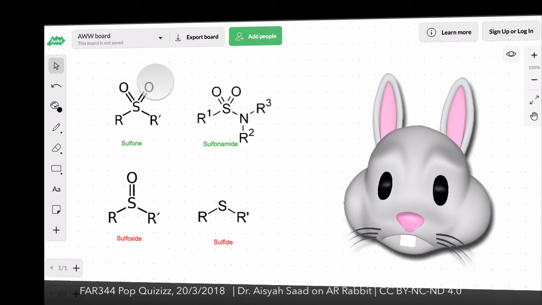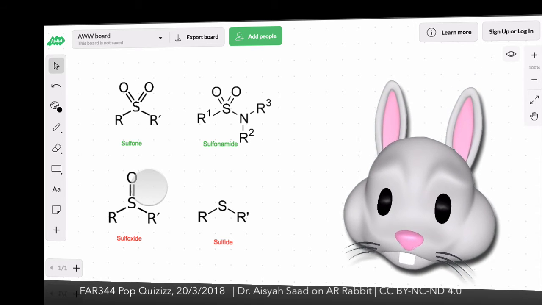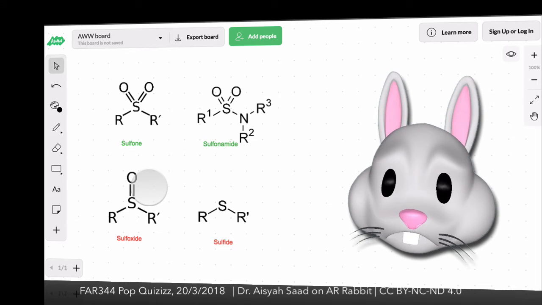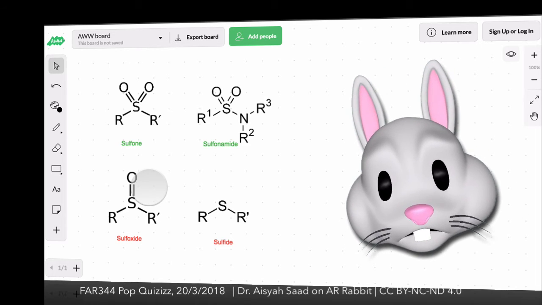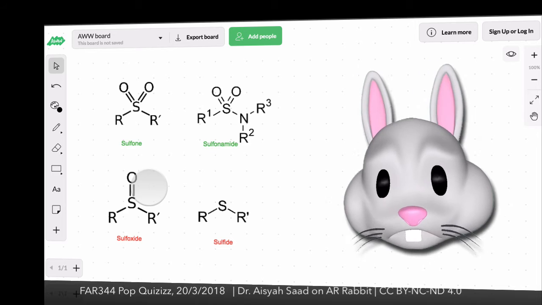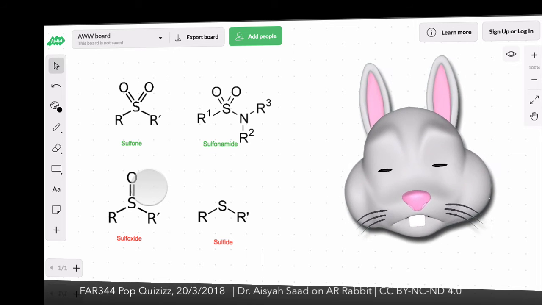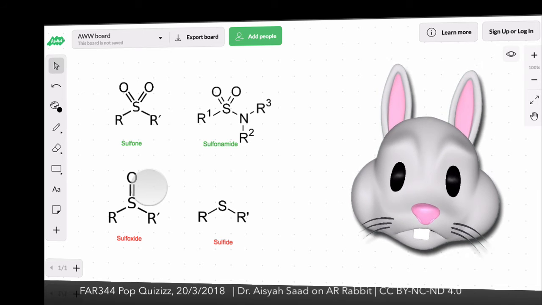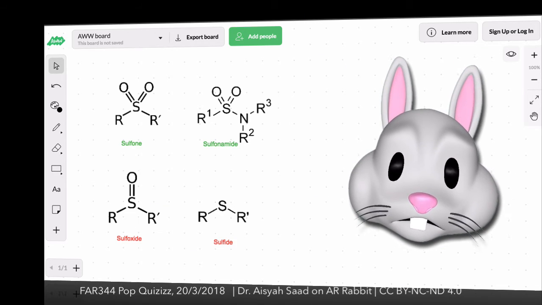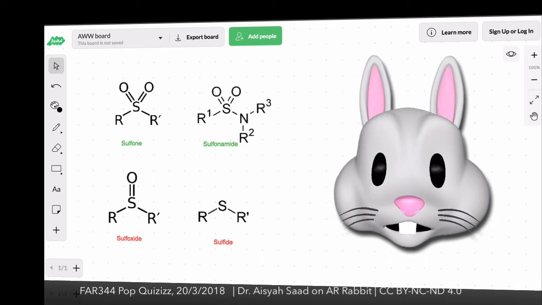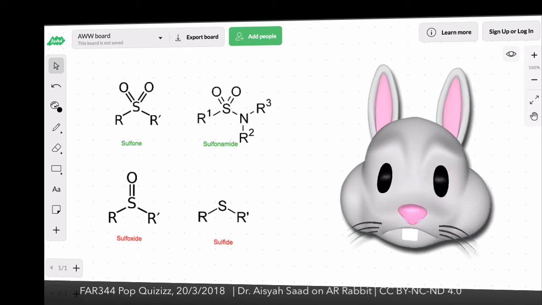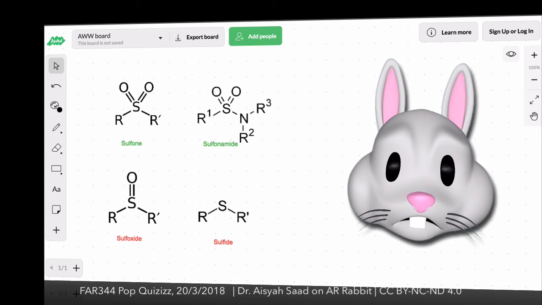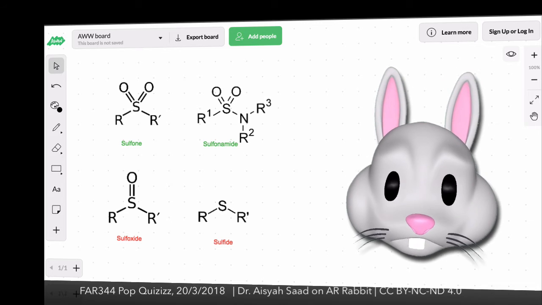Whereas in sulfoxide there's only one oxygen, and in sulfide there's none at all. So that tells you that the oxygen moiety is important in the interaction of this terminal end of the COX-2 inhibitor with the COX-2 receptors.